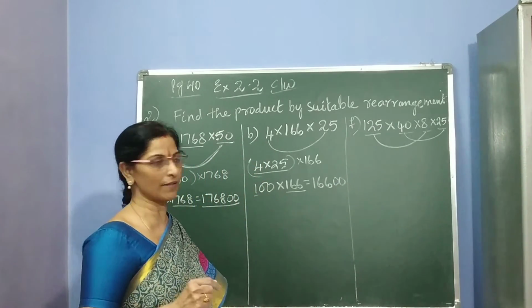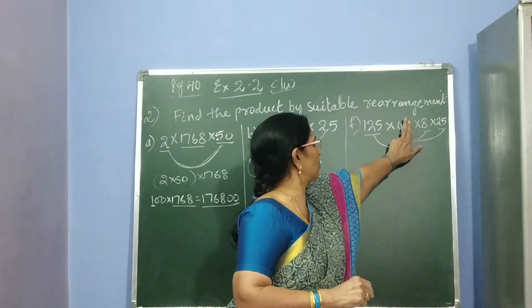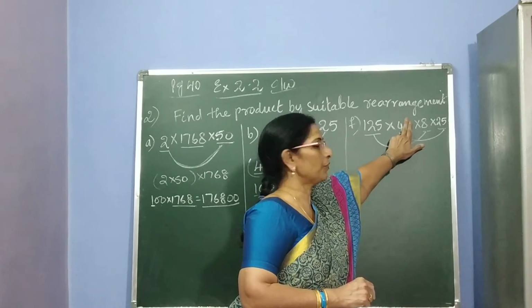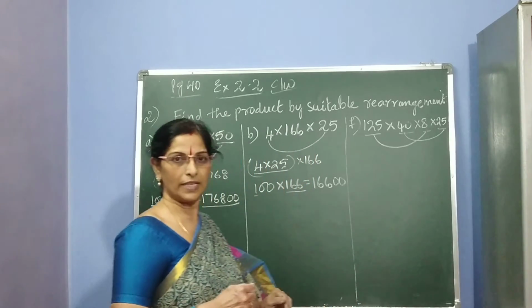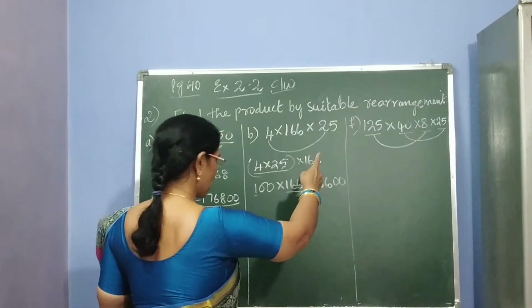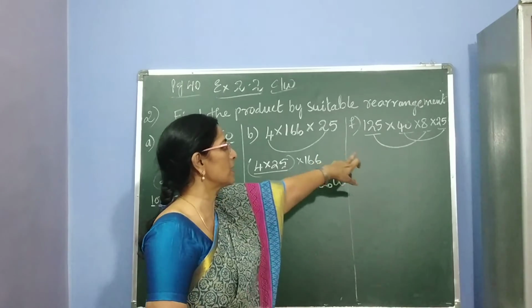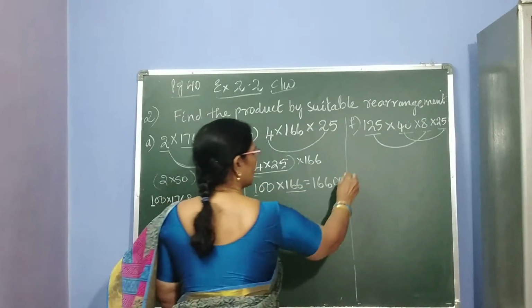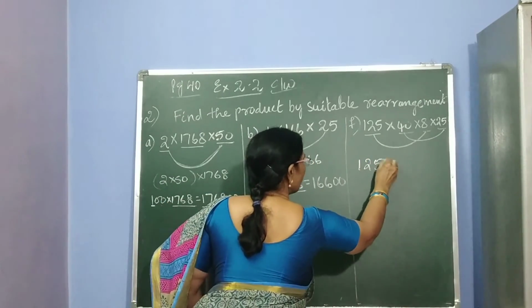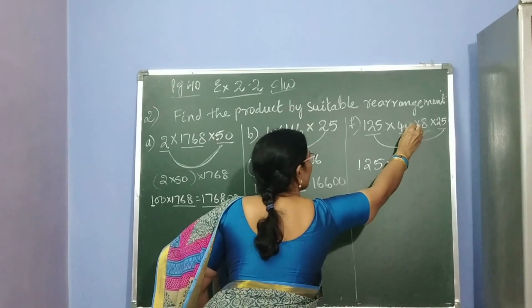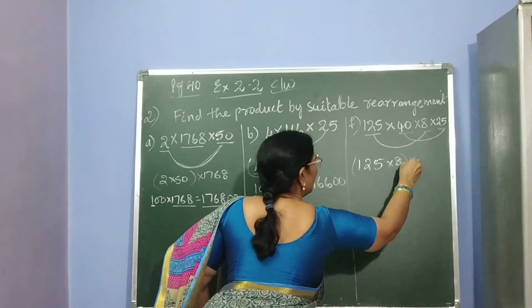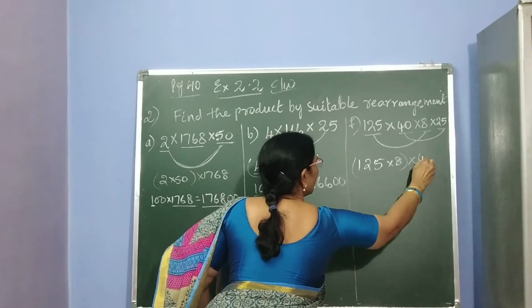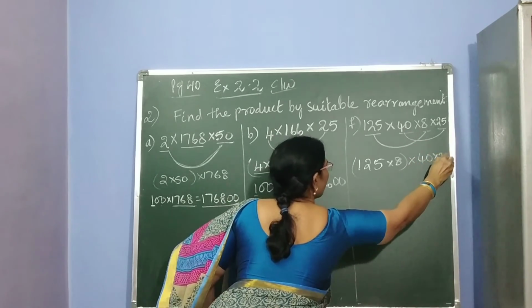It's very simple. 4 into 25 is 100, 40 into 25 is 1000. It's very easy, no, children? So make those 2 numbers one group and these 2 numbers another group: 125 into 8, into 40 into 25.